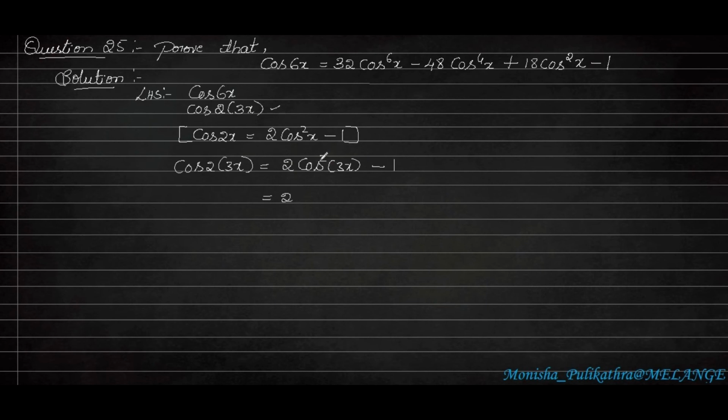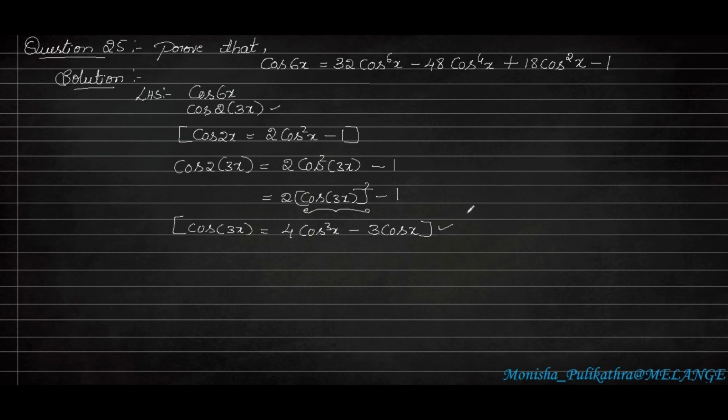Here this cos square we can take as a whole square, that is cos 3x whole square minus 1. For this step we have to apply one more formula, that is the cos 3x formula. So cos 3x is equal to 4 cos cube x minus 3 cos x. These two formulas you have to memorize.